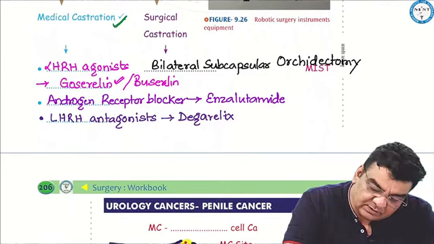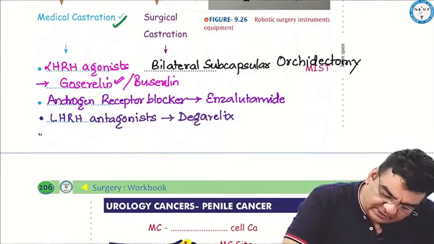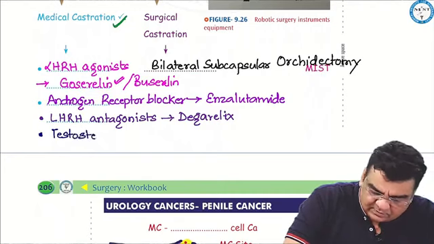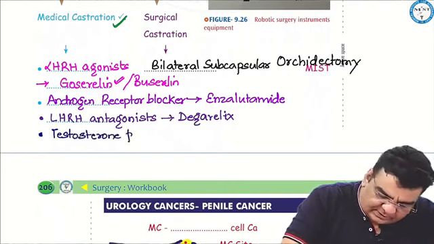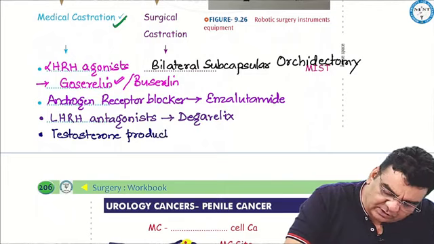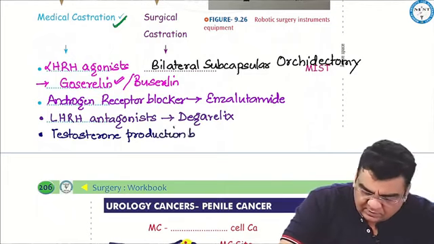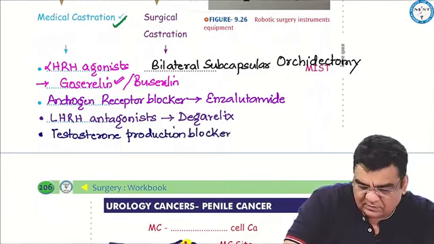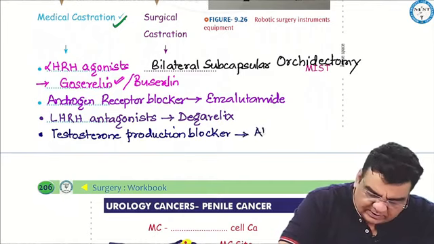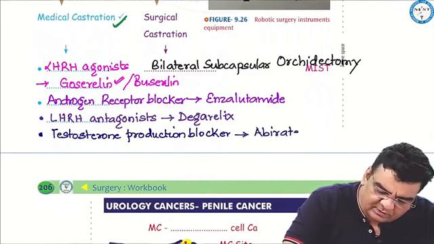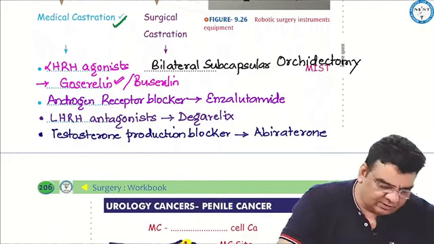We can use testosterone production blocker. Like abiraterone.